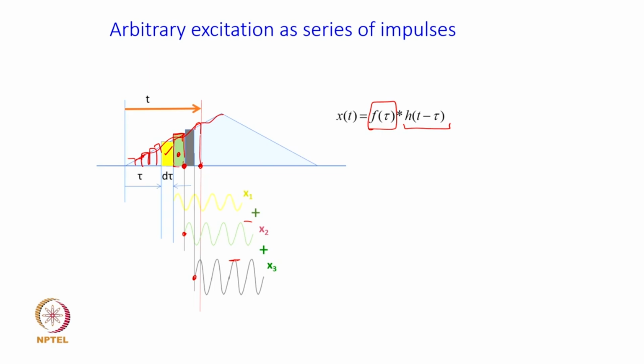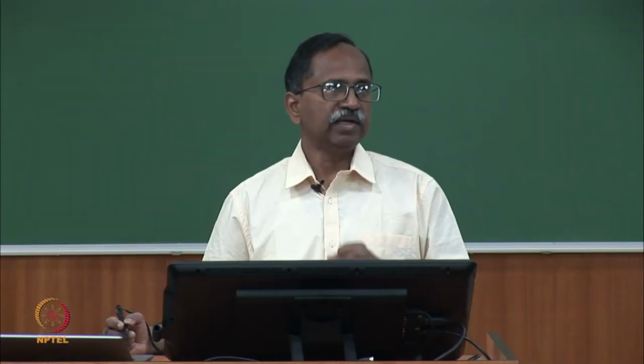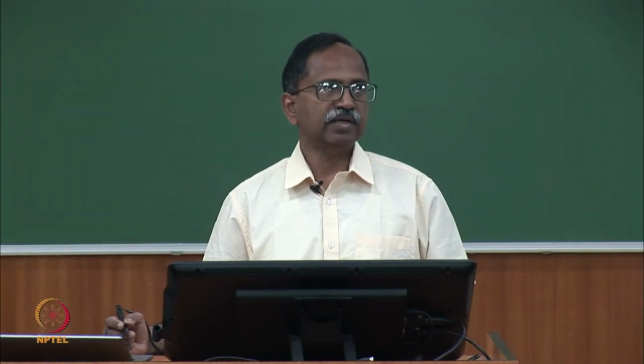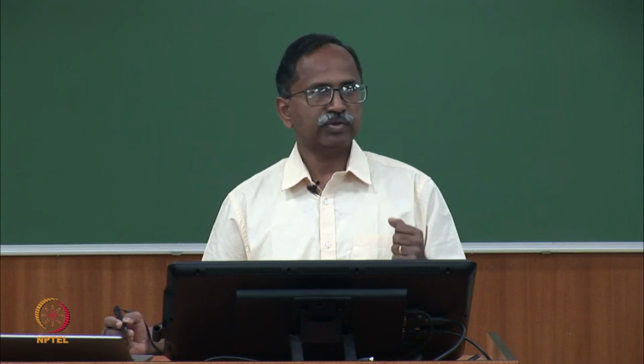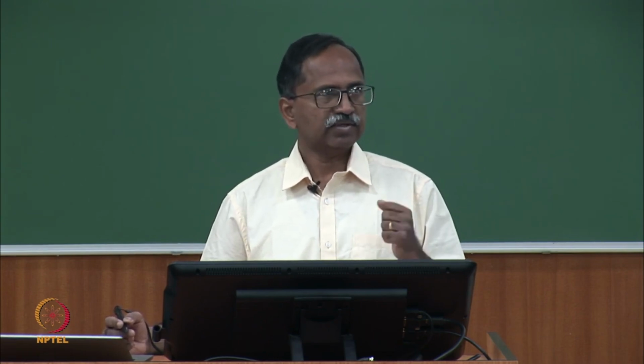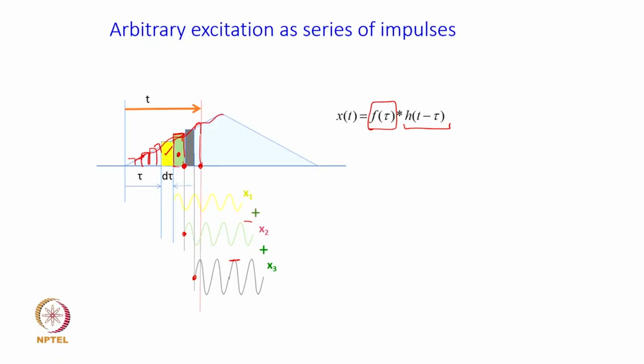Now we invoke one of the most important assumptions here: that the system is linear, okay, and if the system is linear we can safely add the response due to individual impulses. The principle of superposition is valid here. With that assumption of a linear system, the total response at this time t will be the summation of this response plus this response plus this response.